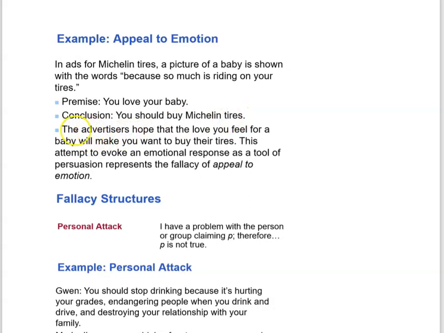Well, they're appealing to your emotion. The advertisers hope that the love you feel for a baby will make you want to buy their tires. This attempt to evoke an emotional response as a tool of persuasion represents the fallacy of appeal to emotion. A lot of commercials are going to use that appeal to emotion.